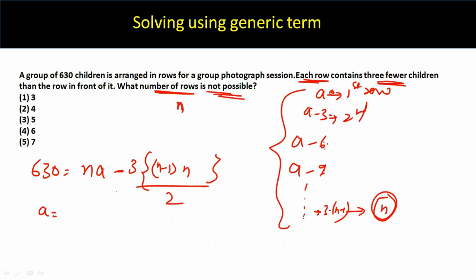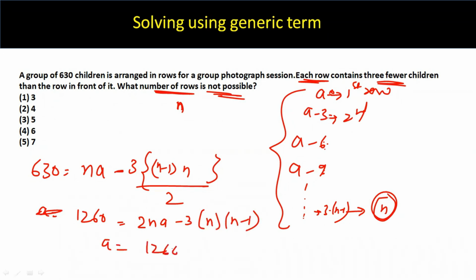What will the value of A be? Say 1260 is equal to 2nA minus 3 into n into n minus 1. So A is nothing but 1260 plus 3n into n minus 1, divided by 2n, right?